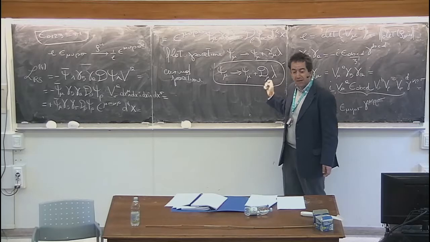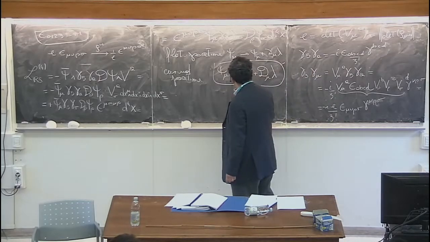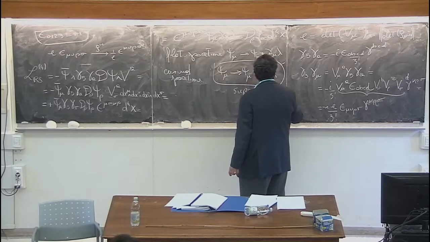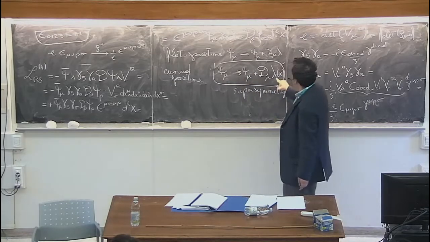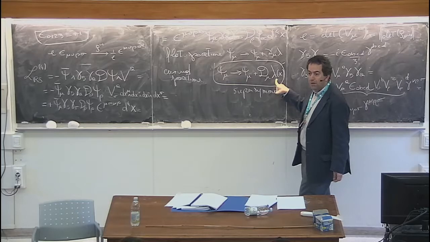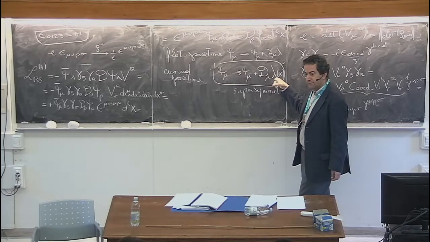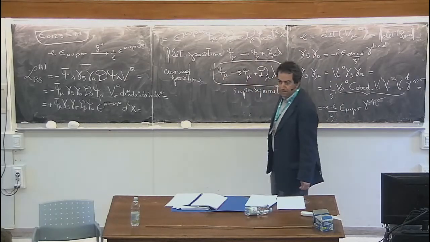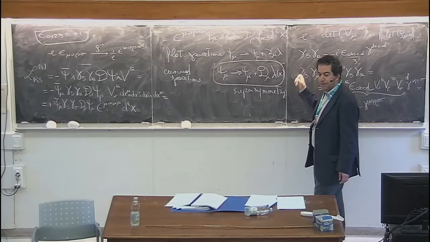But this gauge transformation is called supersymmetry. Why? Because it is a local symmetry, parametrized by a local spinor, the local spinor which parametrizes the longitudinal modes of psi.